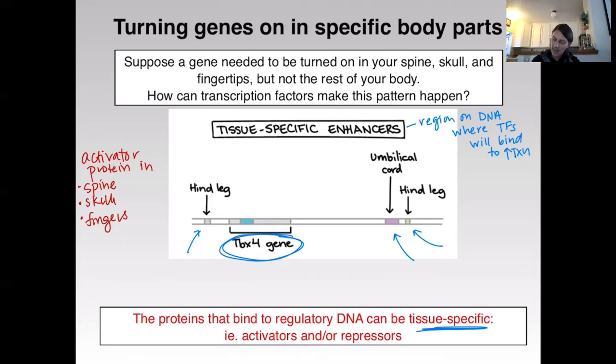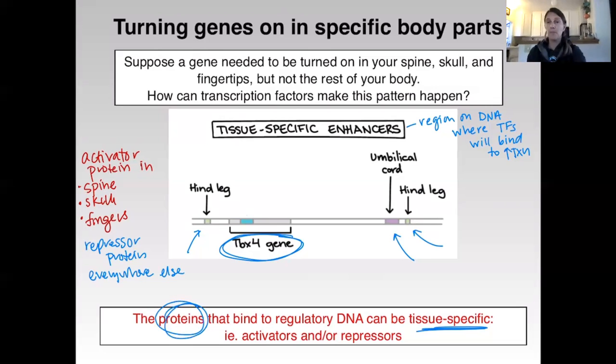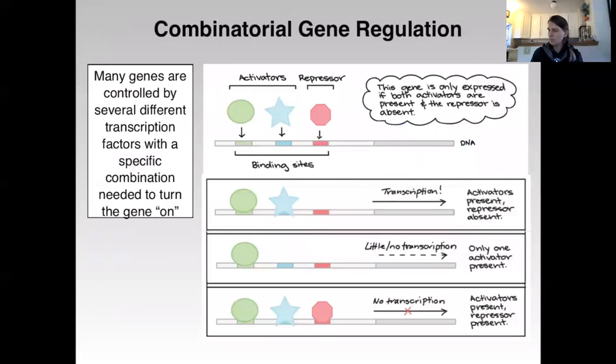And we might have a repressor protein everywhere else, right? So the proteins that bind to these enhancers can themselves be tissue specific, expressed in only certain tissues, right? And the other very important thing about eukaryotic gene regulation is that it's combinatorial, all right?